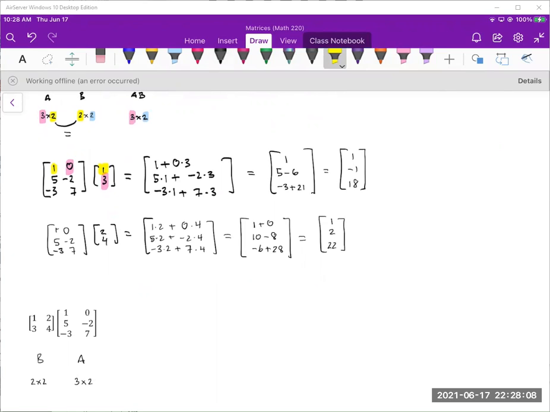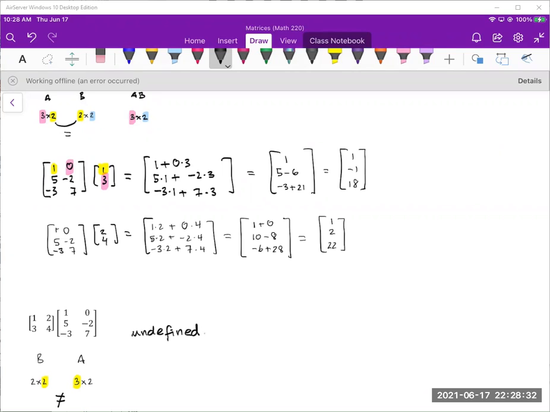Now when we compare these middle values, we notice that these are not equal. So we're not able to do the matrix vector products here. They don't make sense.